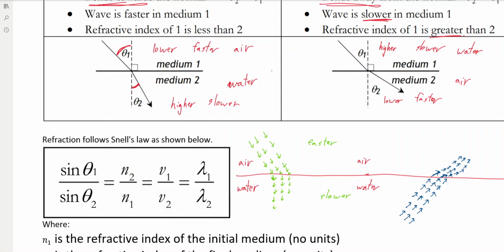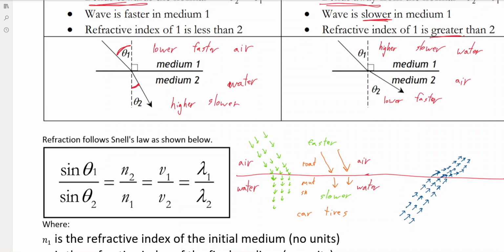This is very similar. My comparison to this is if you have a car, car's tires. Okay, the whole car is still moving at the same speed, but when it hits, let's say mud, and one side slows down, okay, so if this is like a road, okay, and this is like mud, the car tires are going to slow down when it hits the mud, and it's going to be pulled in this direction.